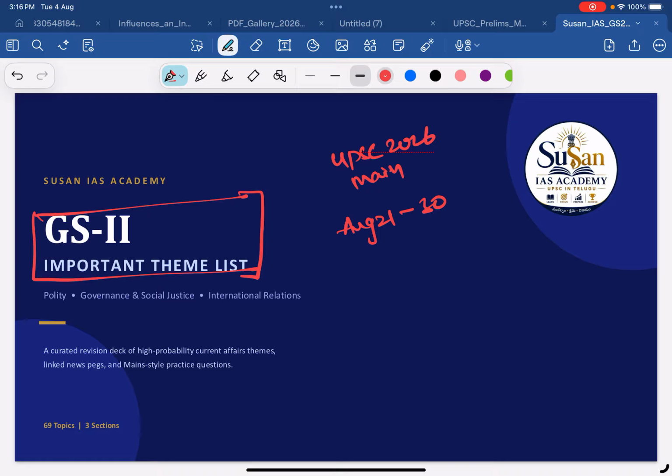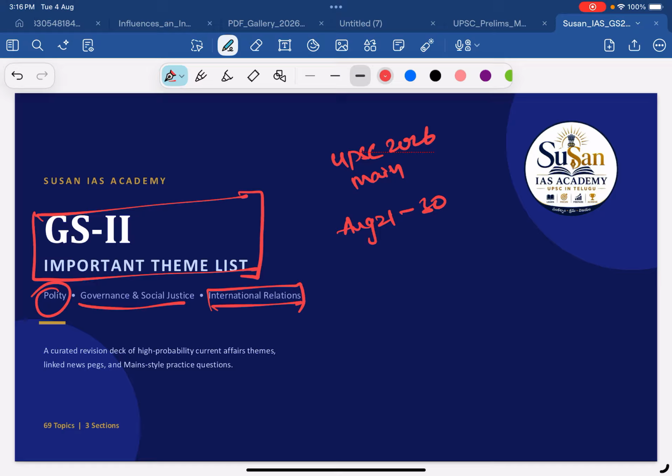We have divided this important topic list across three subparts: one from polity, another from governance and social justice, and another from international relations. We have divided these topics by analyzing 13 years of PYQ questions, important newspaper articles from the last 1 year, PYQ-based themes, and important Supreme Court judgments released over a period of 1 year.